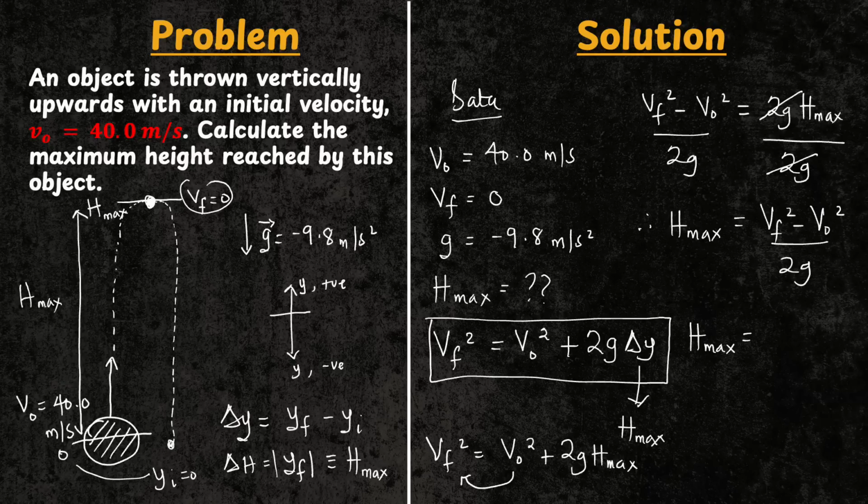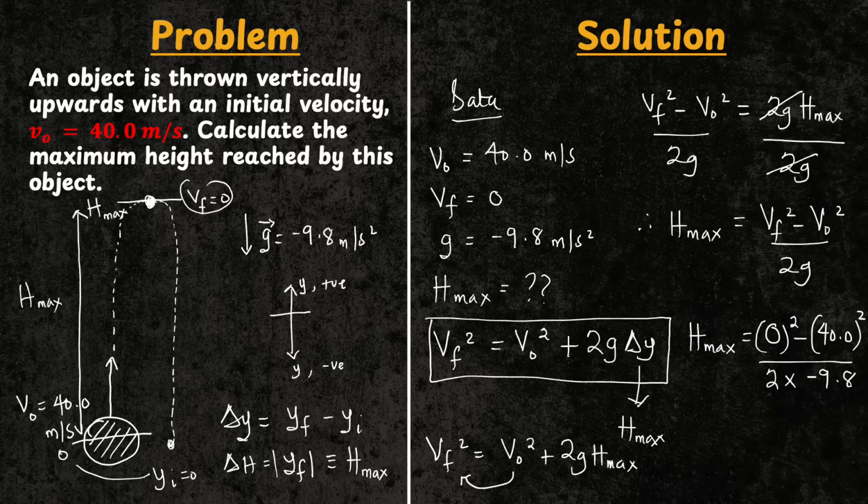So that stopping gives it a velocity final of 0. So we have 0 squared minus the initial velocity squared. So that is given 40.0 also squared, and then divided by 2g. So 2 times minus 9.8.